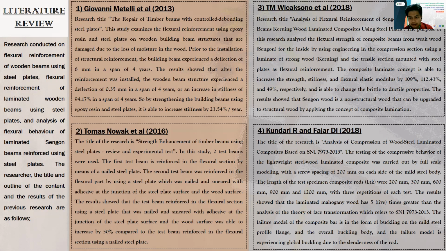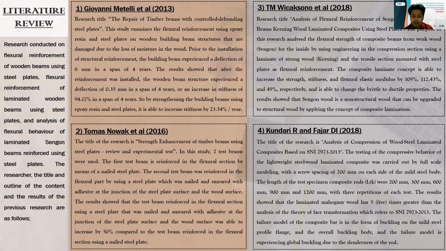Next, from T.M. Wicaksono et al., 2018, the research title is Analysis of the Flexural Reinforcement of Single Wood Laminated Beams Screwing with Laminated Composite using Steel Plate. The purpose of this research was to analyze the flexure of a composite beam from weak sengon wood for the inside, using engineering in the compression section with a laminated strong wood screwed, and the tensile section mounted with steel plate as a flexural reinforcement.